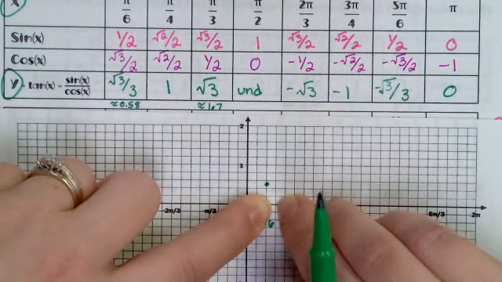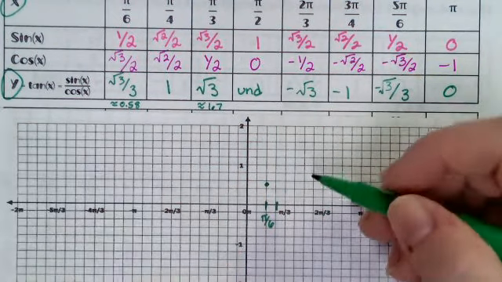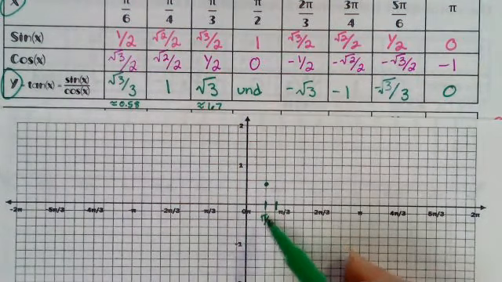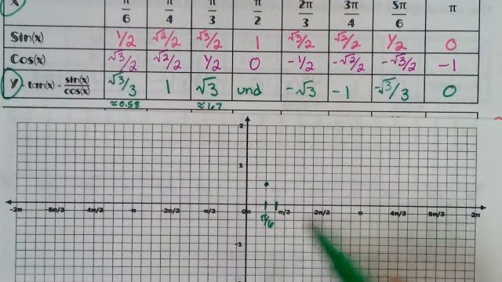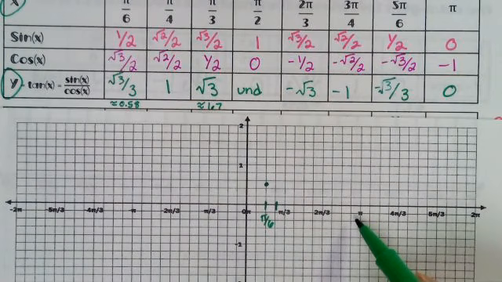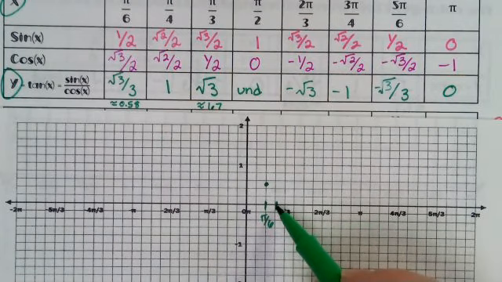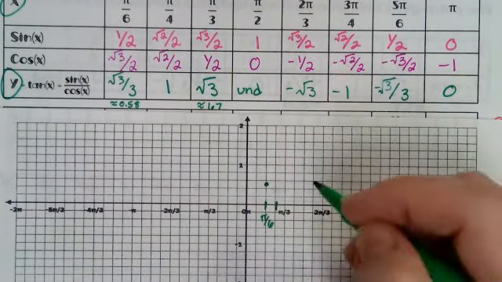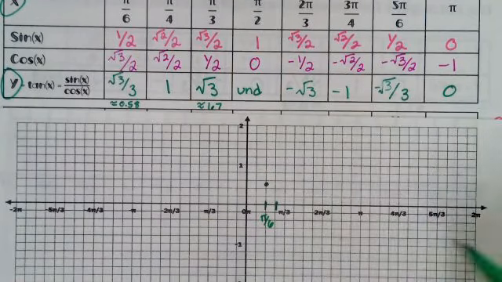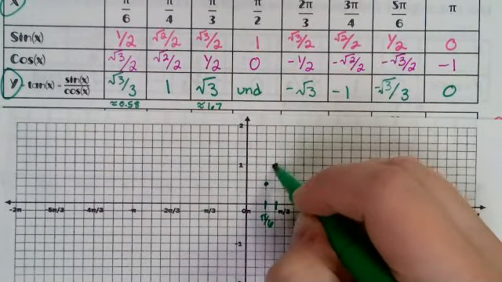Here's where pi over 4 would be. Another way to do it is to count. There's 12 units between the 0 and the pi. Pi over 4 would be like divide that by 4. 12 divided by 4 is 3. So it should be 1, 2, 3 units over. Either way, this is where the pi over 4 lives. And I'm going to go up and plot a point at 1.